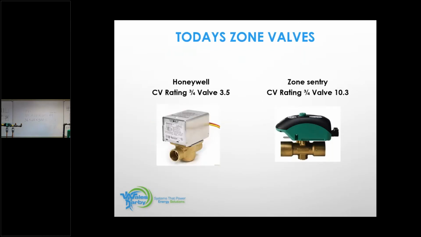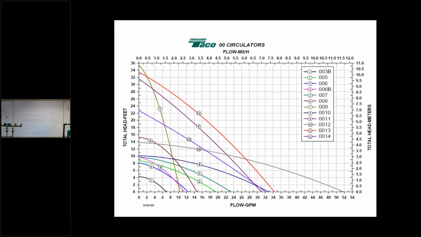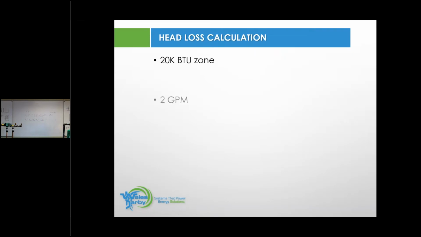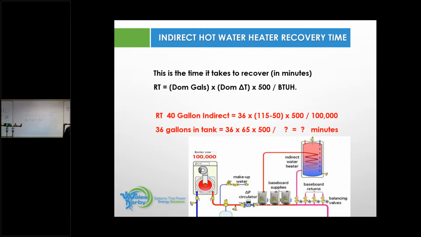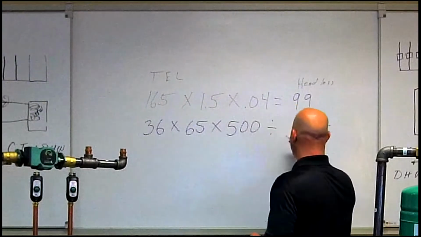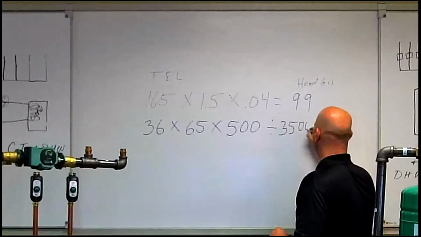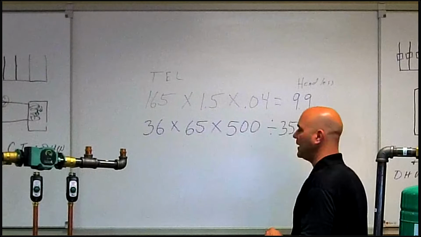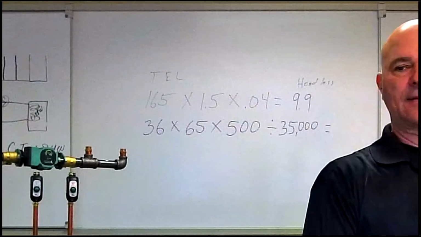Honeywell zone valve, 3.5 CV, equal to approximately 35,000 BTU. Here's your formula. My restriction point is that zone valve at 35,000 BTU. How long will it take to recover that indirect?